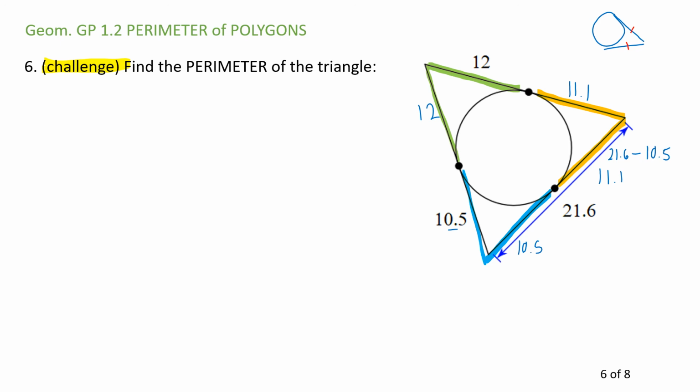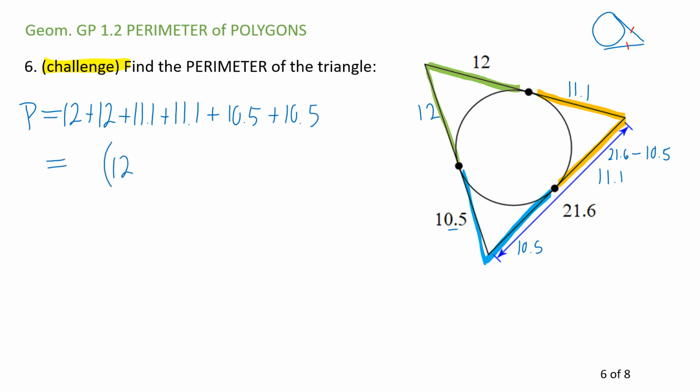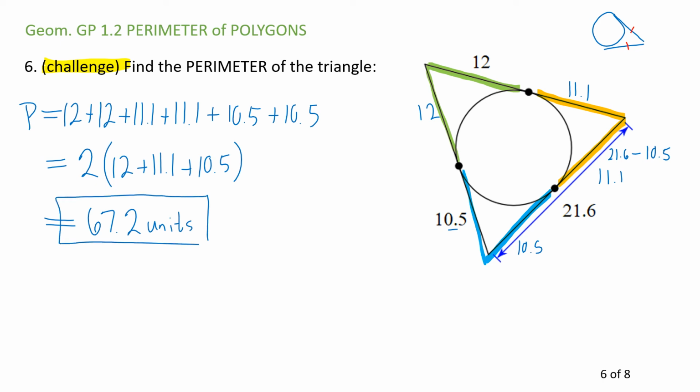So for my perimeter, I've got a 12 and a 12, an 11.1 and another 11.1, a 10.5 and another 10.5. Add it all up and you get 67, I think, 67.2 units. And that's that.